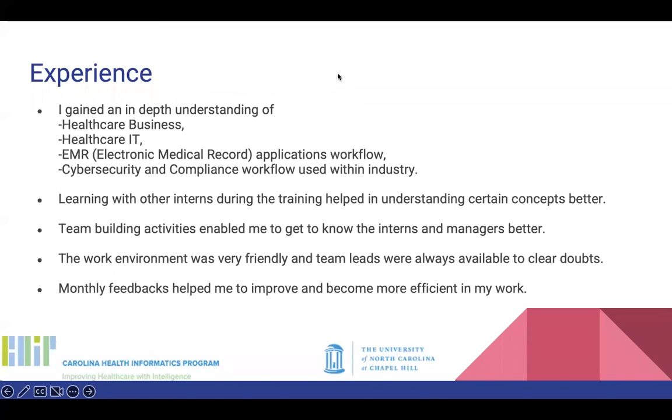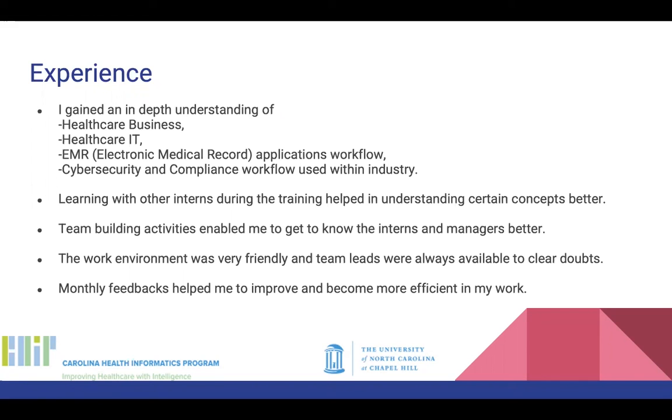Talking about my experience at HTC, I got a clear understanding of how the healthcare business works, healthcare IT, two electronic medical record applications, what goes into the workflow, and also cybersecurity and compliance, and HIPAA training I received.